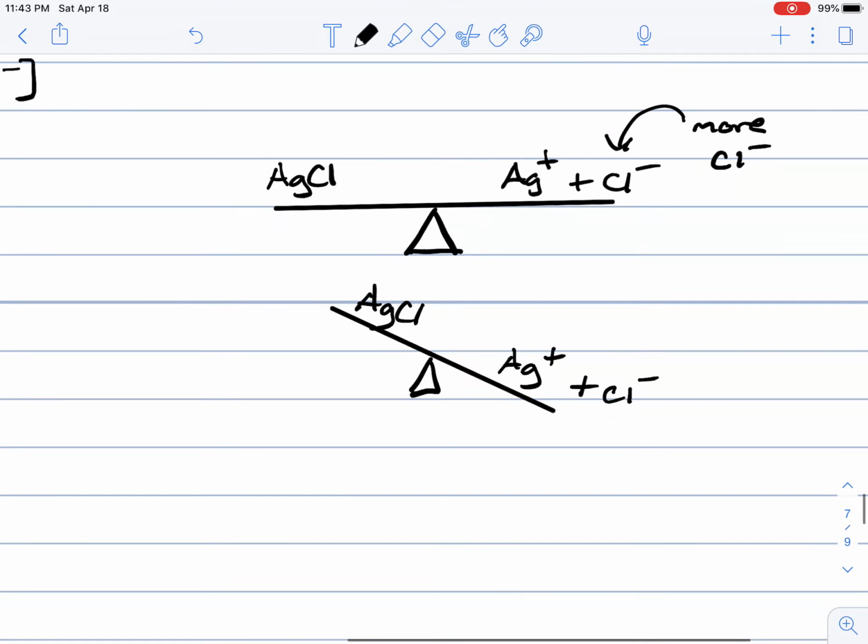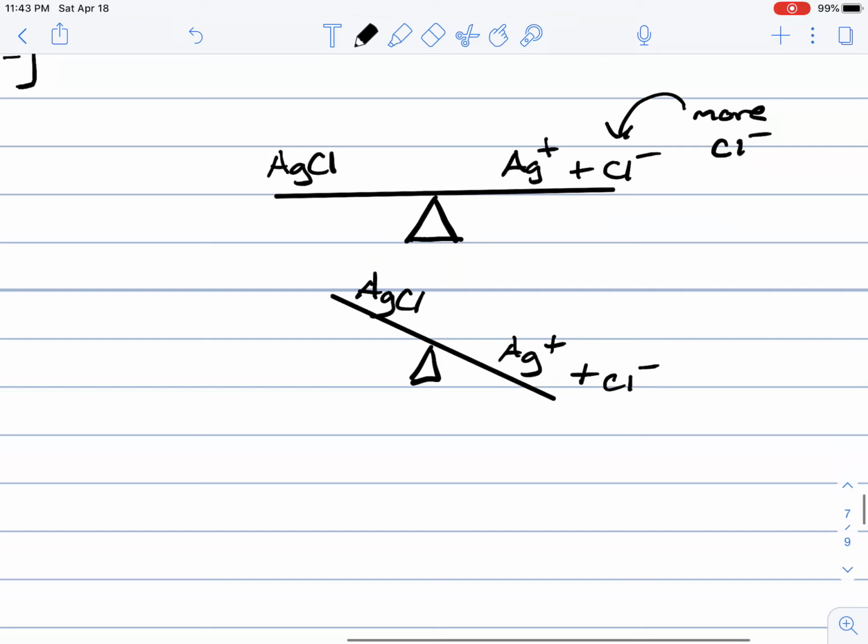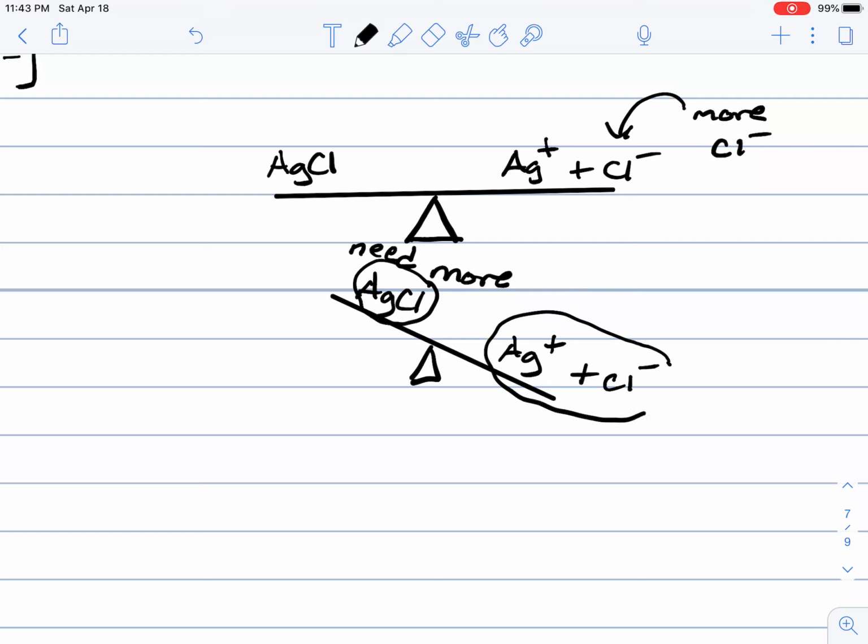Now for this seesaw to rebalance itself, you probably need to produce more. So you need more silver chloride to rebalance this out. And the only way that's possible is if you consume some of the excess chlorides. Actually, let me draw chloride up here.